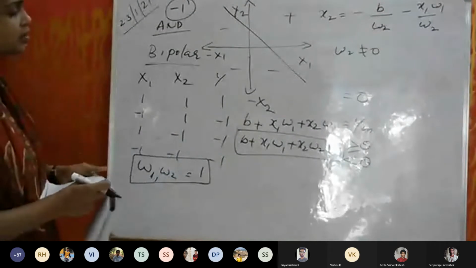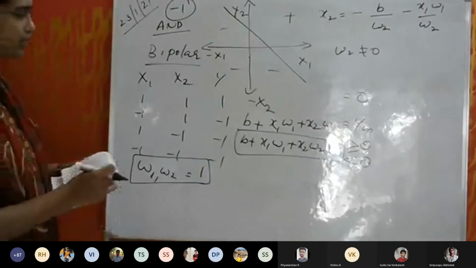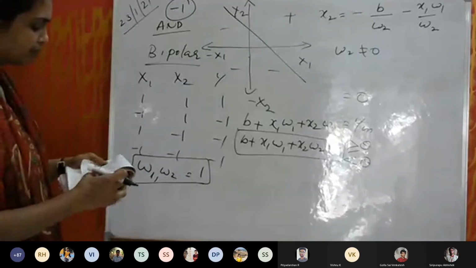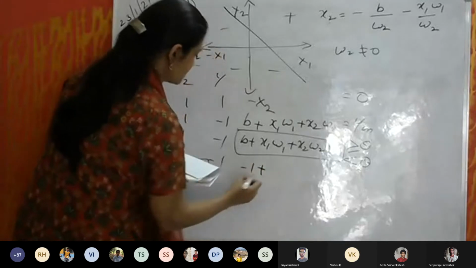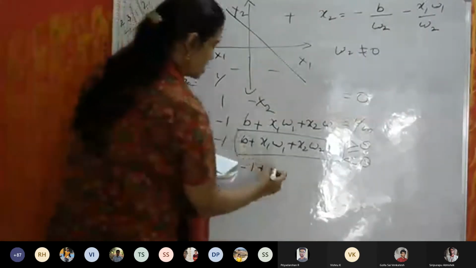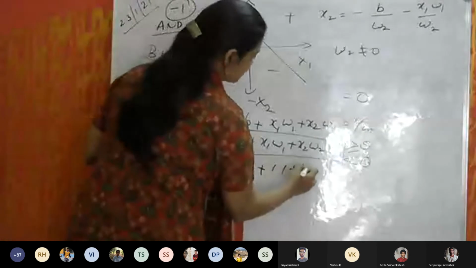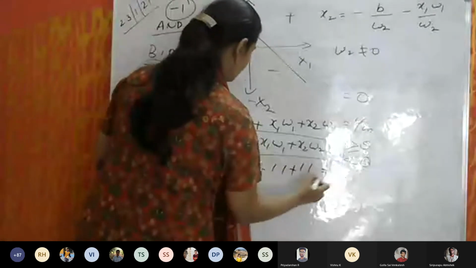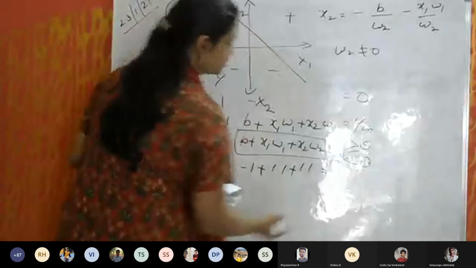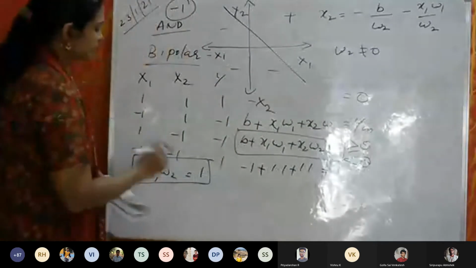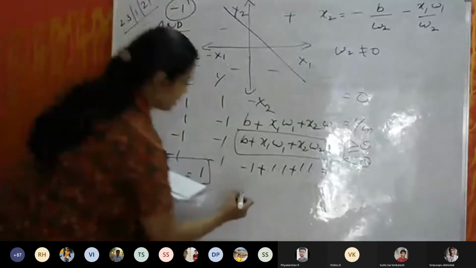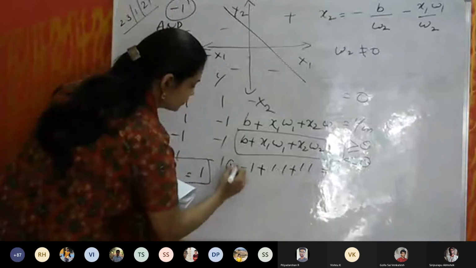So now let us try to substitute in this and see what we are getting. For each case we will substitute. b is -1, so -1 plus 1 into 1 plus 1 into 1. This will give me -1 plus 2, which is 1. That is for the first case.